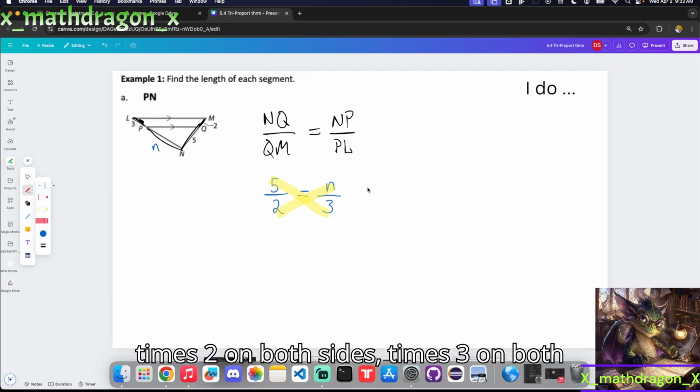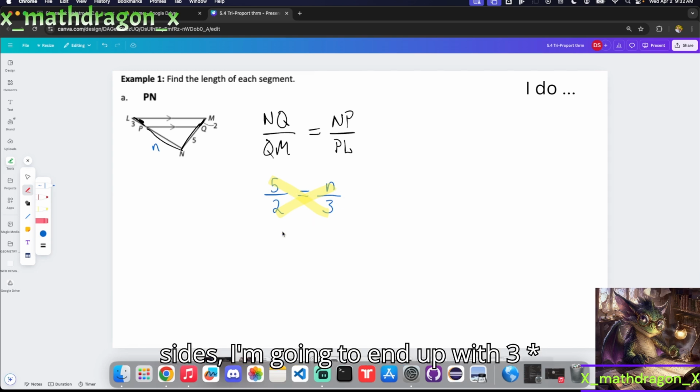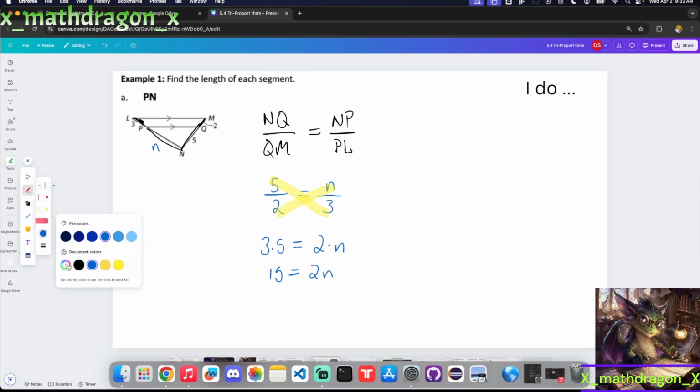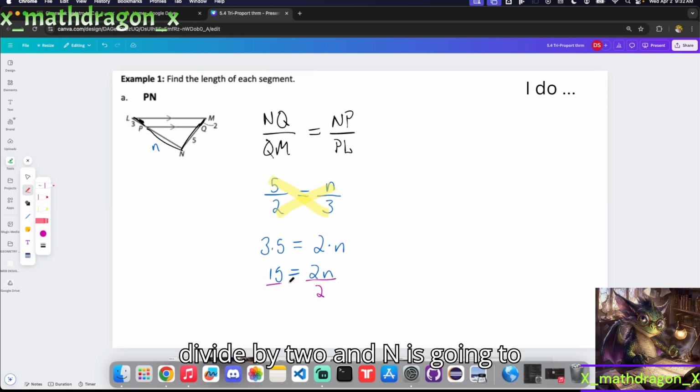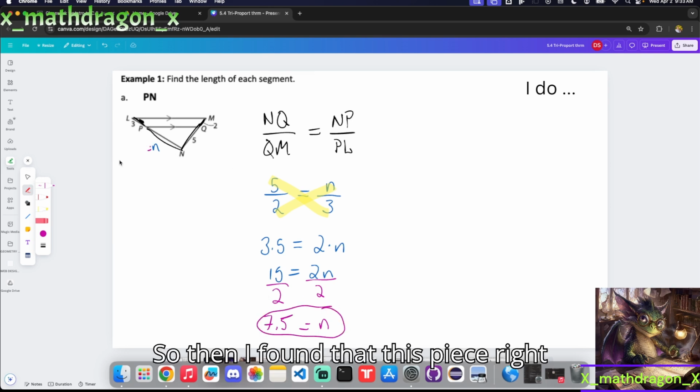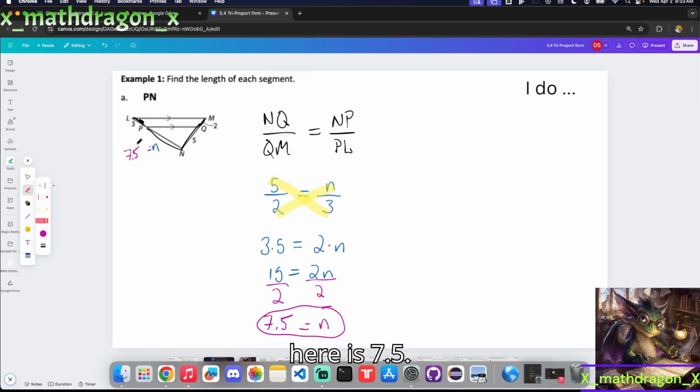So if I times 2 on both sides, times 3 on both sides, I'm going to end up with 3 times 5 equals 2 times n, which is 15 equals 2n. Divide by 2, and n is going to equal 7.5. So then I found that this piece right here is 7.5.